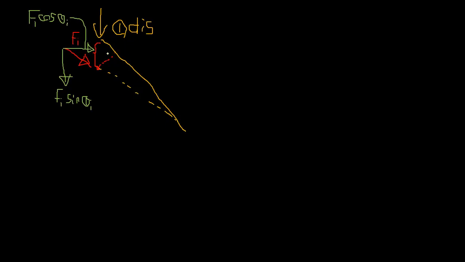So this length reduction is equal to 1 into sin theta i. How? This is theta. This is 1. So if you take the component in this way, this is 1 sin theta i.